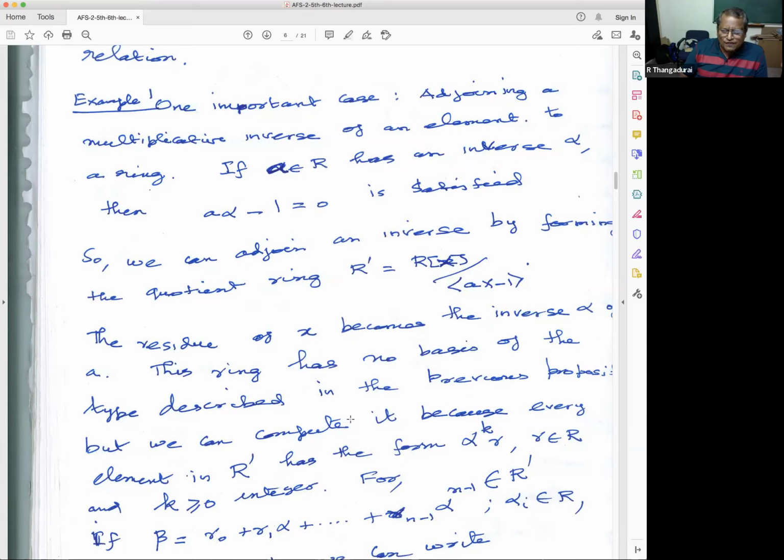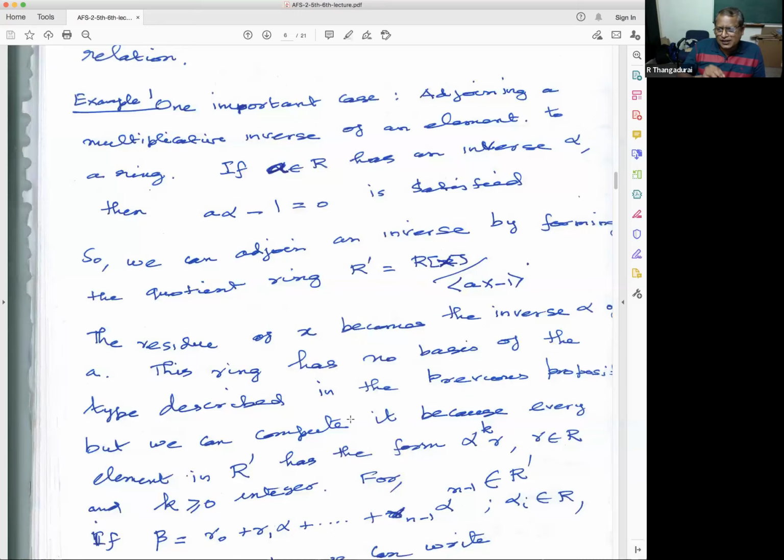So if a belongs to R and has an inverse alpha, alpha may not exist inside R. The new element we attach satisfies a alpha minus 1 equals 0.